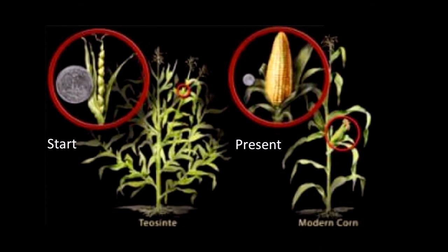So on the left, as you look at it, is teosinte, which is the wild progenitor of corn. And in the silver up there is a quarter, all right? So what you're seeing in the red circle is, in fact, the seed pod, if you like, of teosinte up in this corner up here.